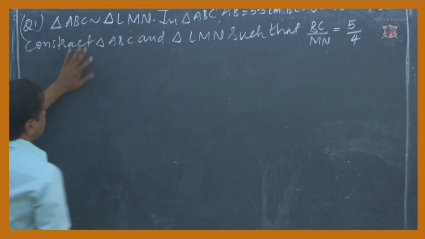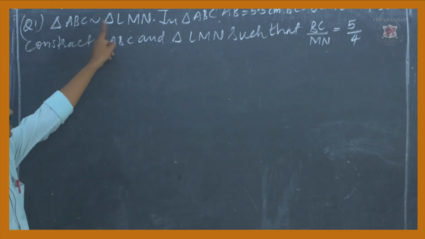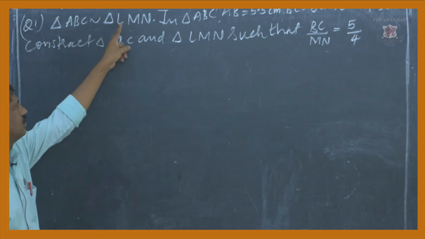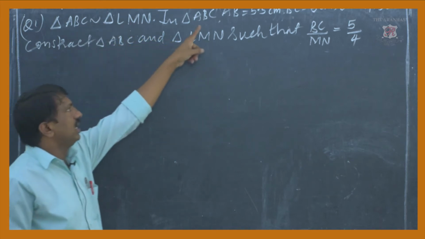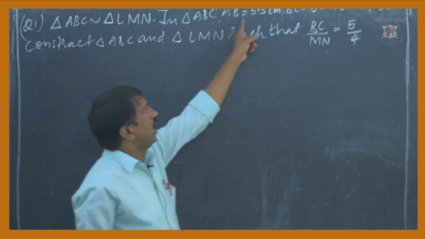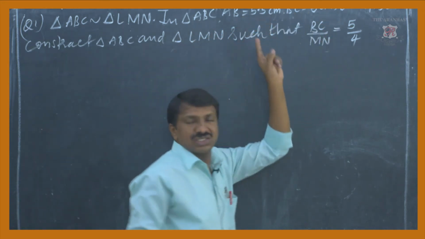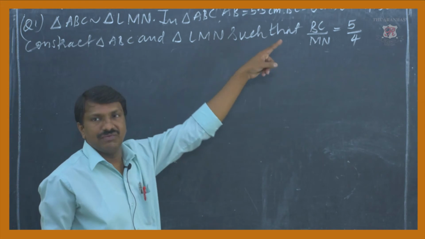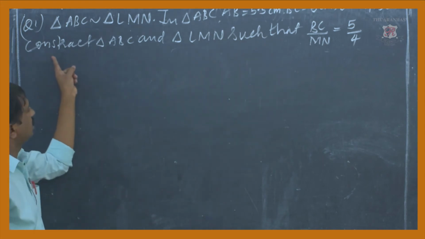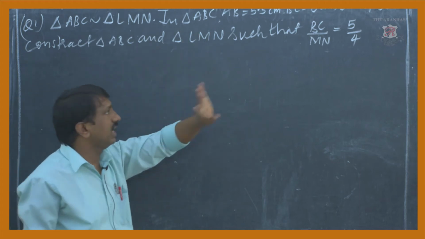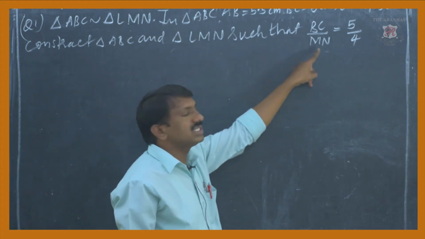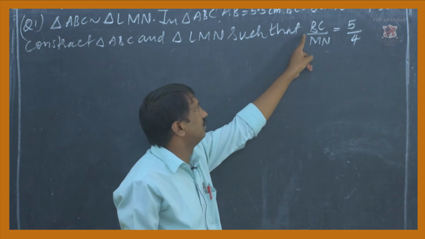See the first example. Given that these two triangles are similar, triangle ABC is similar to triangle LMN. If you observe, they gave us in triangle ABC all three side values. Then we have to construct triangle ABC as well as LMN in the condition they gave us, the ratio of the corresponding sides of these two triangles, because they are similar.